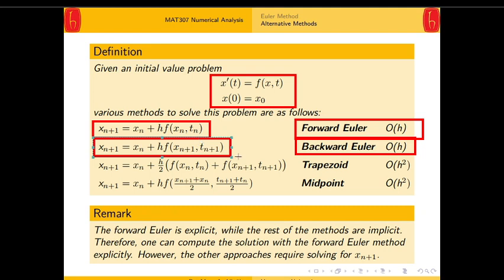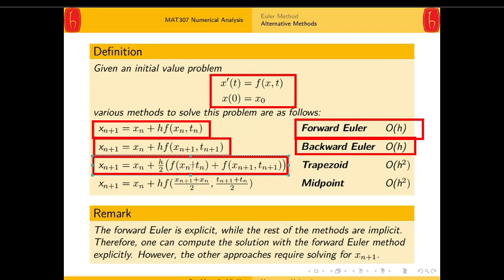So this is the backward Euler method. The forward Euler method is a first order accurate method, and backward Euler also has first order accuracy. The trapezoidal rule is given with this formula. We approximate the slope at pretty much the average of the two slopes.